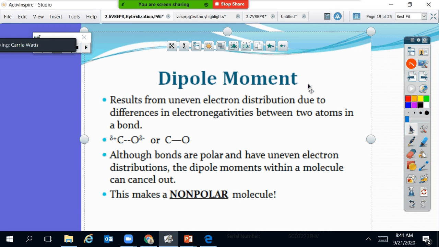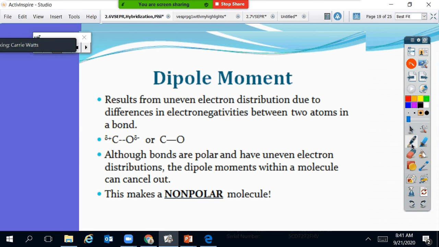Okay, but let's talk about a dipole again. We've talked about covalent bonds being either polar or nonpolar, just the bond itself. And remember, it's not an even sharing if it's polar. But even if you have polar bonds in a molecule, now we're talking a molecule, you can have these dipole moments cancel each other out and make a nonpolar molecule.